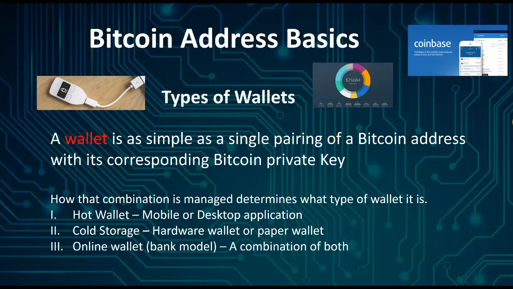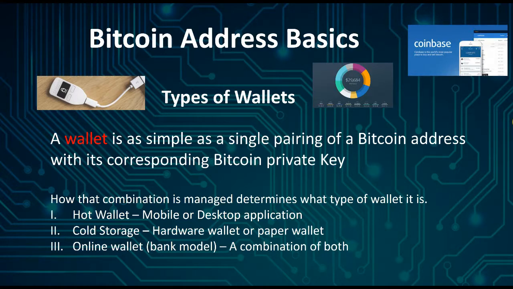Now, let's look at the types of wallet I would recommend, or that I am myself using. But before that, again, understand a wallet is as simple as a single pairing of a Bitcoin address with its corresponding Bitcoin private key. How that combination is managed determines what type of wallet it is.